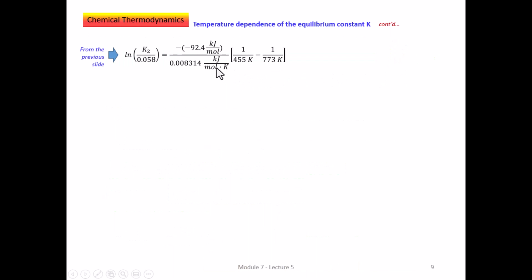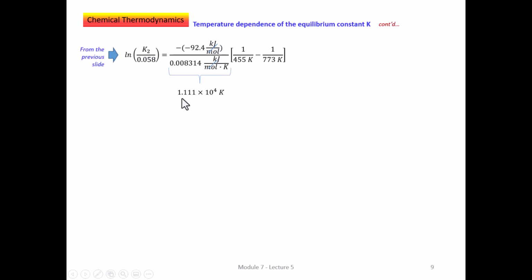Well, here's our equation from the previous slide. Kilojoules per mole cancel. And if you take the result of minus a minus 92.4 divided by 0.008314 and carry the units down, you get 1.111 times 10 to the fourth K. This K would end up on top.